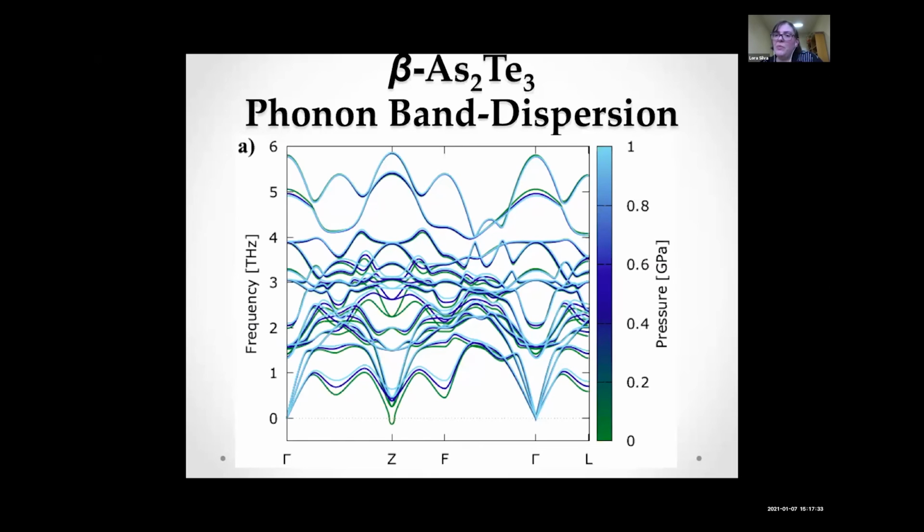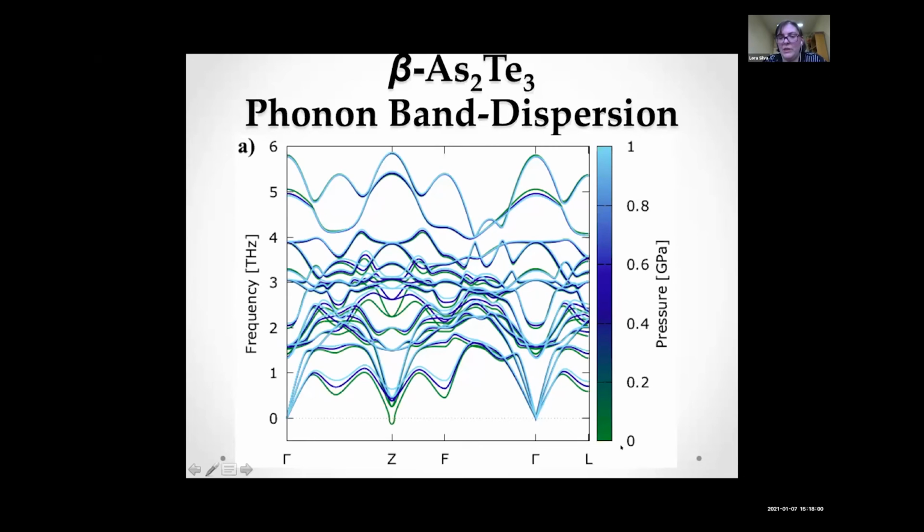If the system is not dynamically stable, you will have some imaginary frequencies, represented as negative frequencies. This indicates that your system, at the conditions that you're considering, does not exist. So we looked at the phonon properties for different pressure ranges as well.